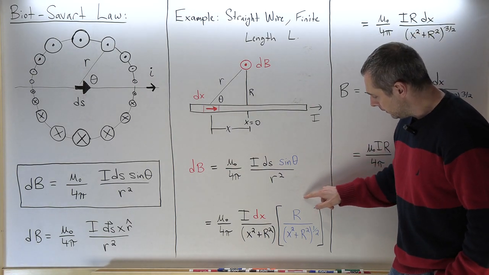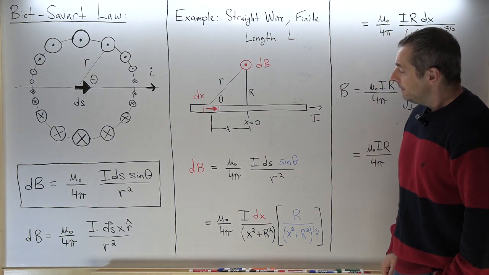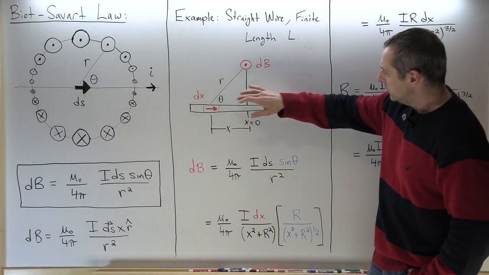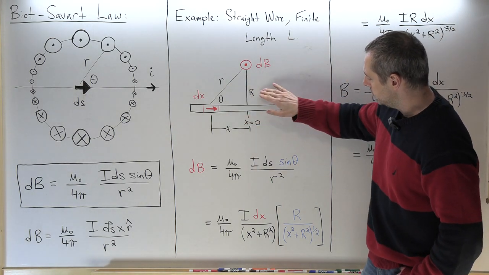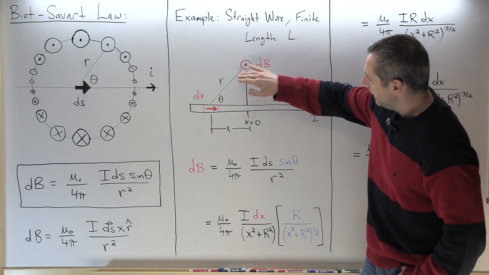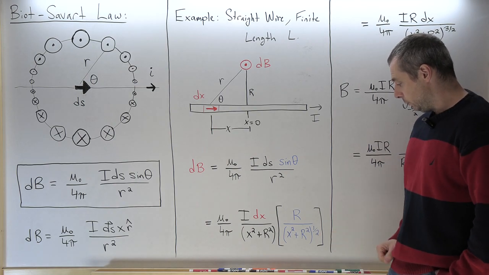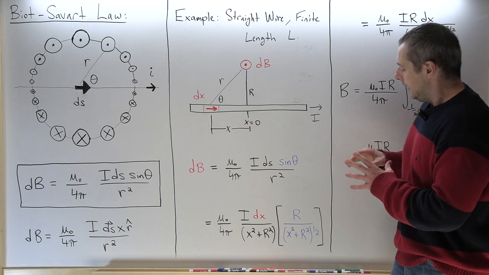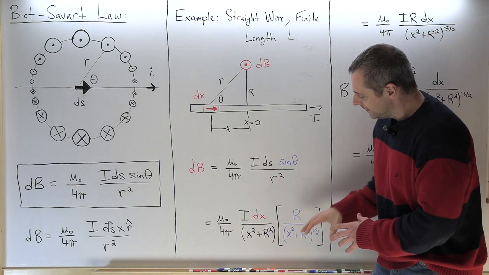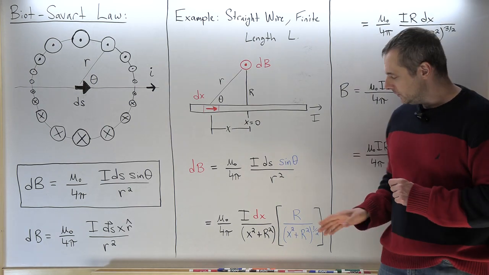Or you could just draw an arrow down here like this. So theta is right here, and the sine of this right triangle will be opposite over hypotenuse. So the opposite side is capital R, and the hypotenuse is the square root of these two squared added together, so we get to the 1/2 power. So I filled in the pieces. Now what I'm going to do is just sort of touch this up a little bit, but before I do that, let me create a pause to give you a chance to copy this down.